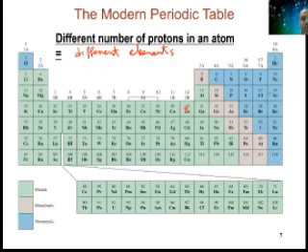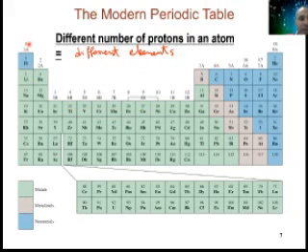And the reason why we call them periods is because it indicates periodicity or repetitiveness in the behavior of the different elements. So we will have groups that will take numbers depending on the position of the group.